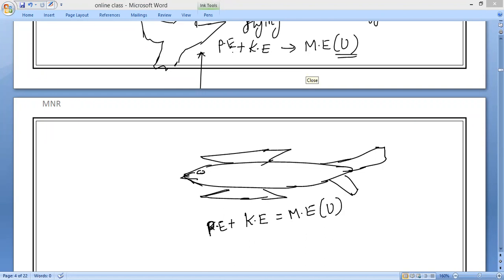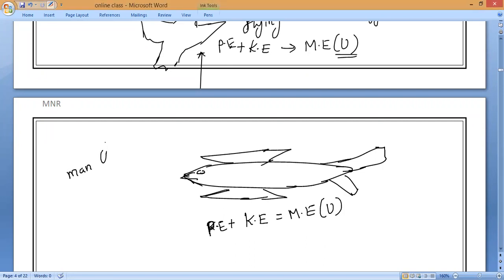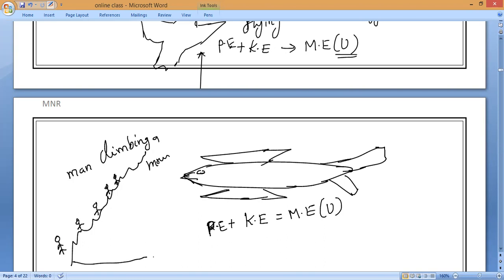Now, Harish is asking, sir, a car running on a bridge, a man climbing a mountain. Yes, we can take that also. Suppose a man is climbing a mountain, and the mountain is like this. Now a person is standing here, now standing here, moving. When we keep going above the ground, only the initial and final points matter, for which energy?